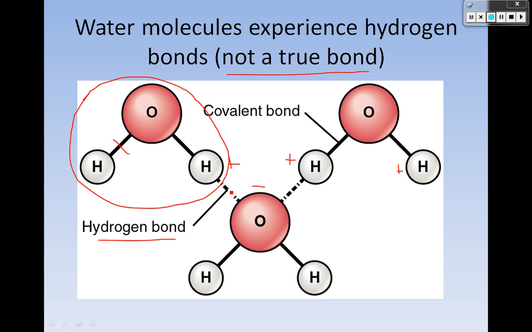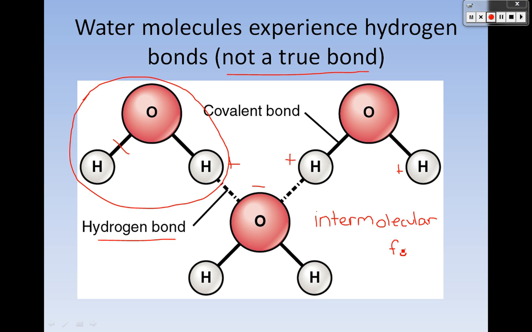Now, that said, there are many different intermolecular forces. I'm going to write that word out. It's going to take me a while because I'm writing with a mouse. But inter, meaning between, like intramural, molecular, so between molecules, intermolecular forces.